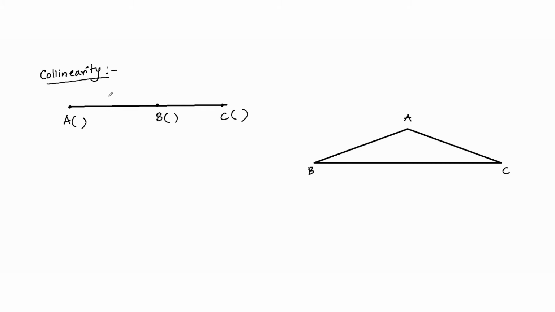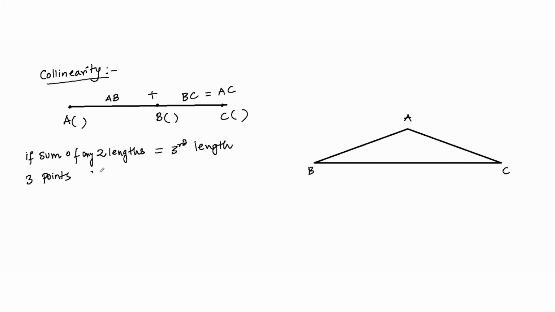So what I can say is the distance between A and B and the distance between B and C, these two distances will add up, and that would be equal to the distance between the points A and C. So I can say that if sum of any two lengths is equal to the third length, I can say that the 3 points are collinear.